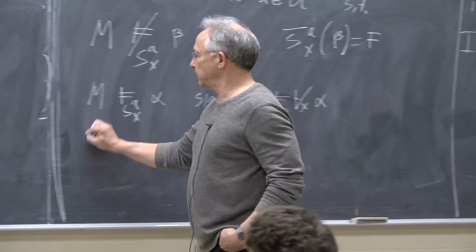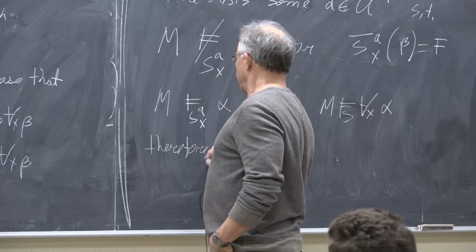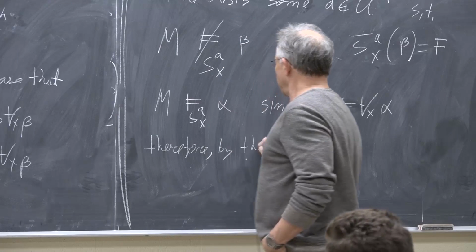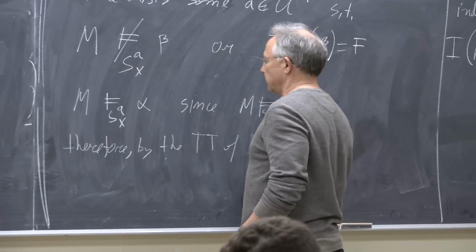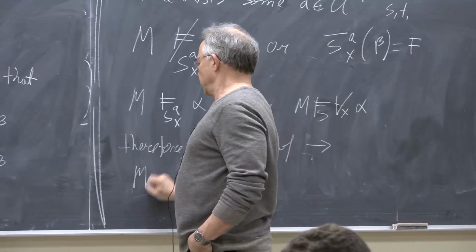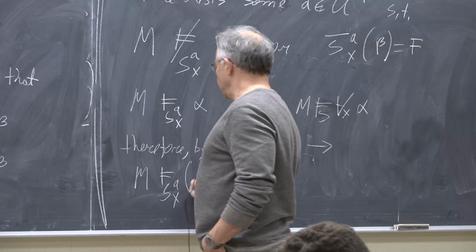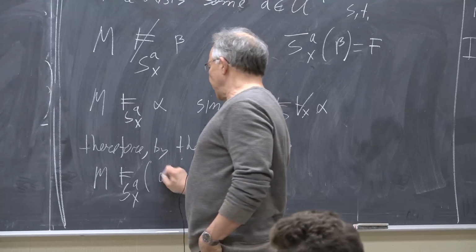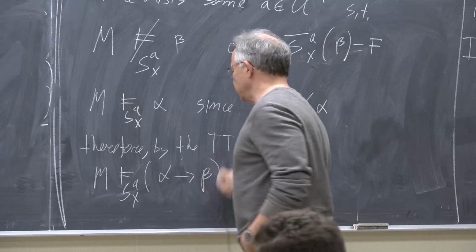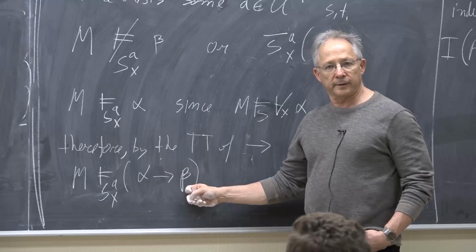So therefore, by the truth table of arrow, M under the assignment S where A substitutes X, if I look at alpha arrow beta, this gets true, this gets false.